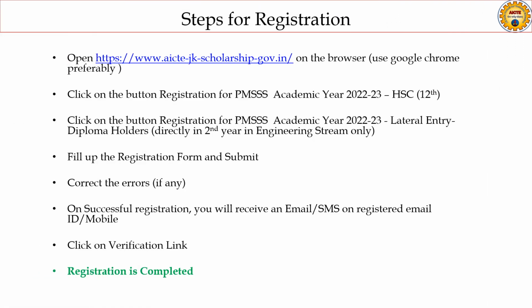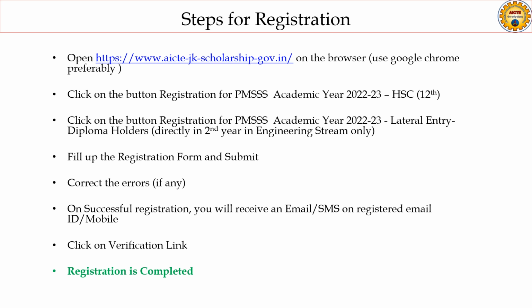Let's look at the steps for registration. Open the given link on the browser. Use Google Chrome preferably. Click on the button Registration for PMSSS Academic Year 2022-23 HSC 12th. Click on the button Registration for PMSSS Academic Year 22-23 Lateral Entry for diploma holders for admissions directly in second year in an engineering stream only.